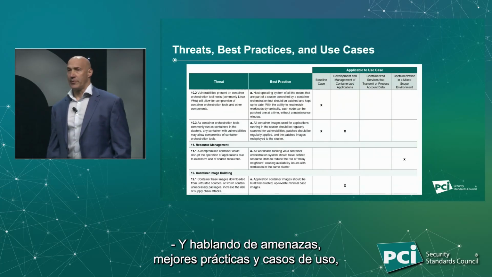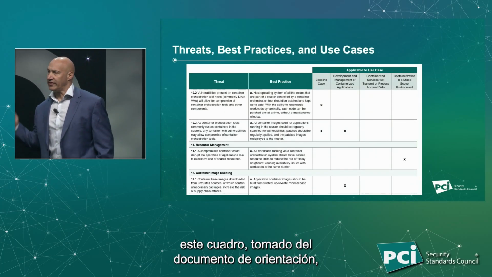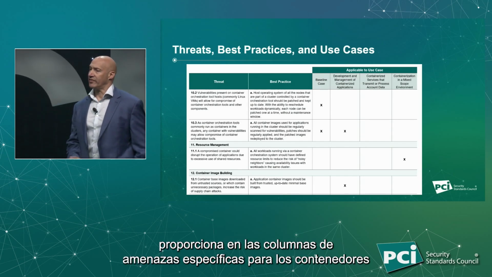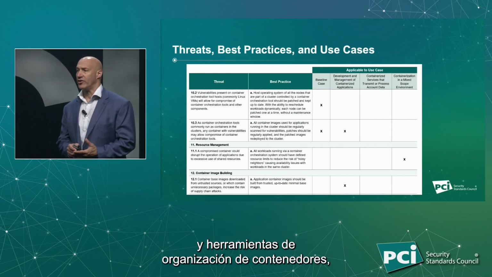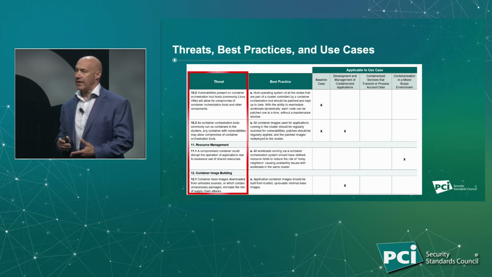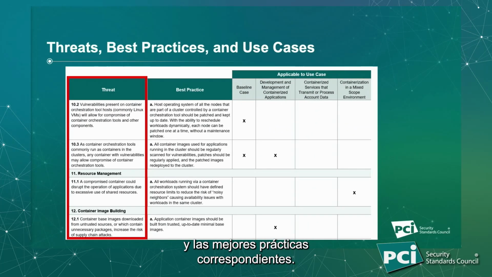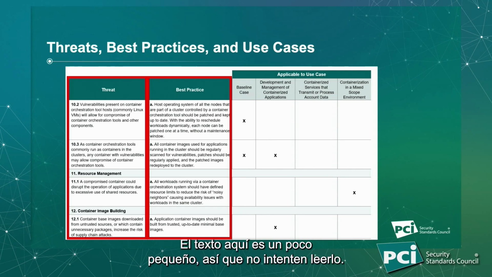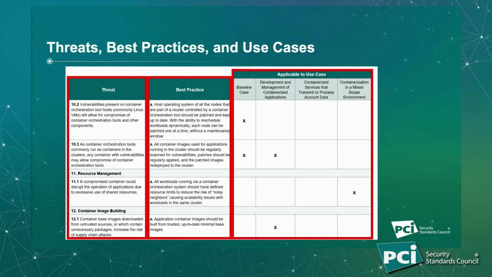And speaking of threats, best practices, and use cases, this table, taken from the guidance document, provides columns of threats specific to containers and container orchestration tools and the corresponding best practices. These threats and best practices are mapped against a selection of possible use cases. The text is a little small here, so don't try to read it. And those are the applicable use cases.